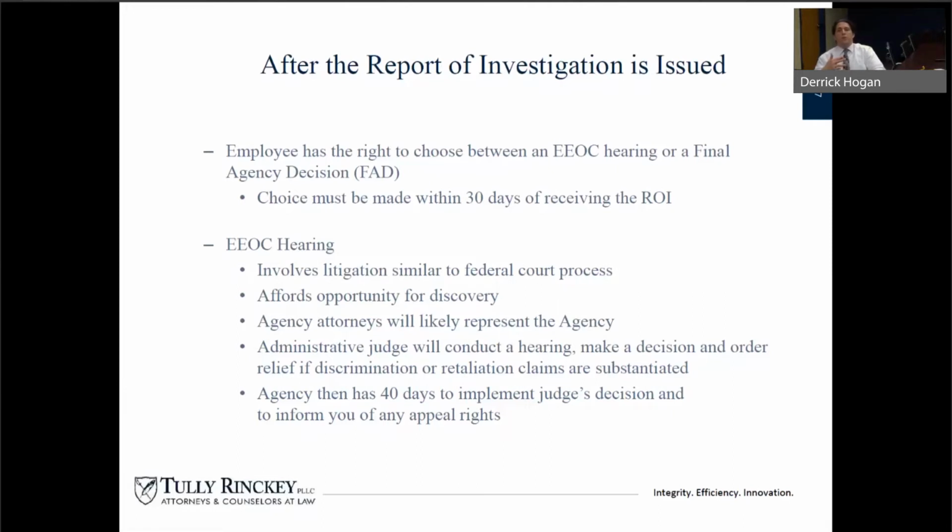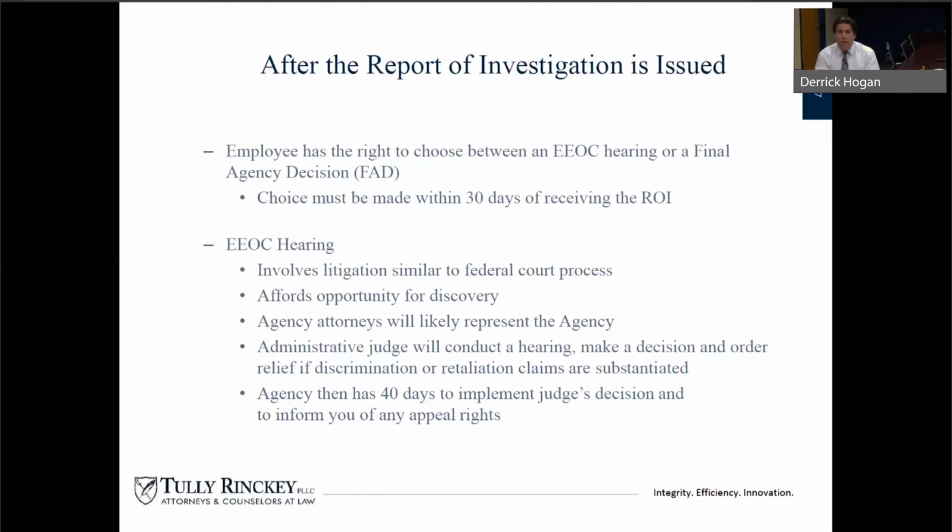I also mentioned, when talking about the final agency decisions, that when you get the report of investigation, that's all the final agency decision is based on. However, if you engage in an EEOC hearing process, you have multiple opportunities to get more information, more testimony from individuals.